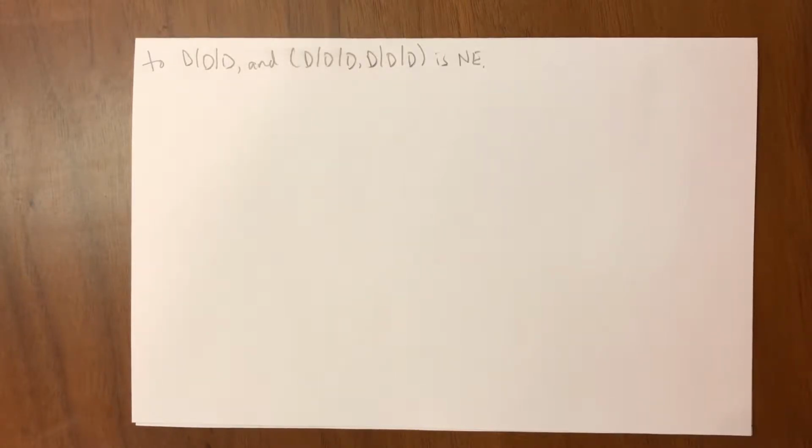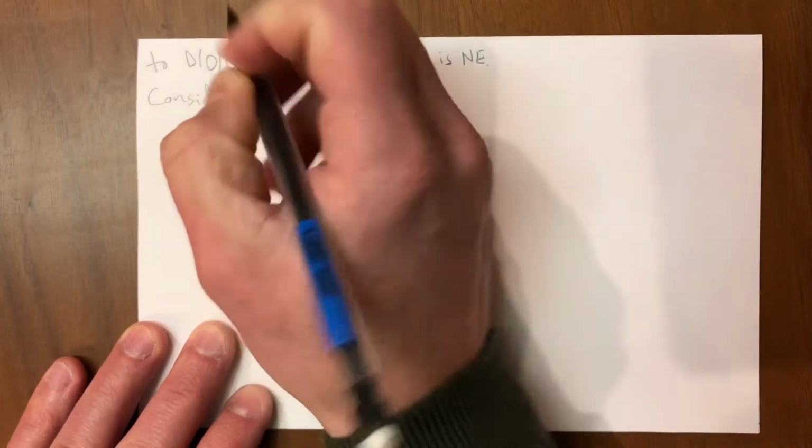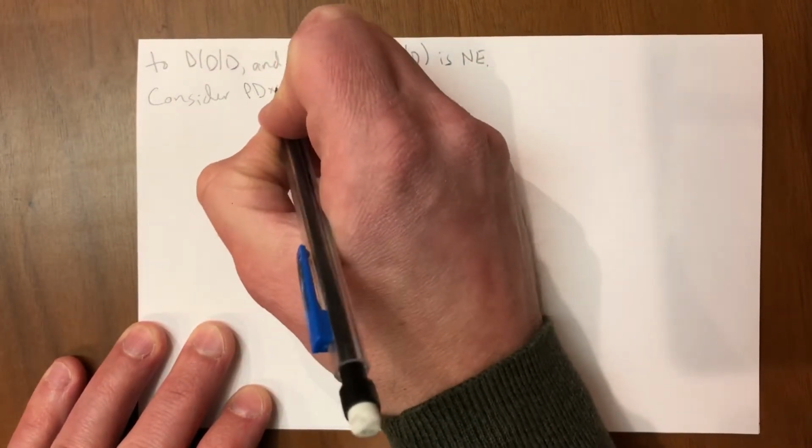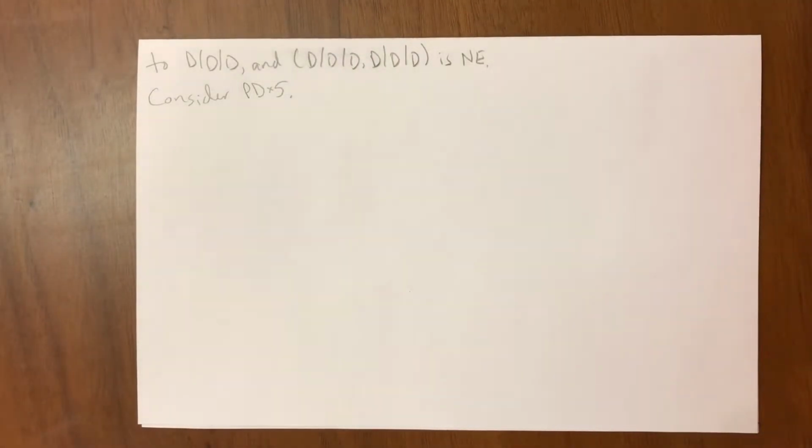So let's jump all the way to Prisoner's Dilemma repeated 5 times. And so, of course, a player's payoff is going to be the sum of their payoffs in each of the 5 Prisoner's Dilemma games, very analogous to how we did it with playing twice.